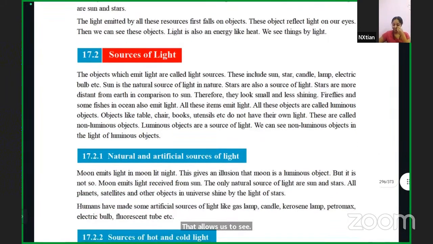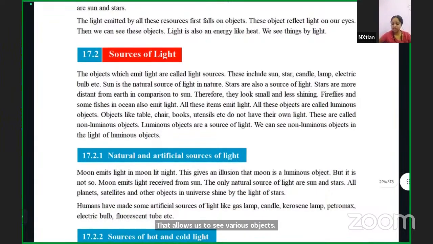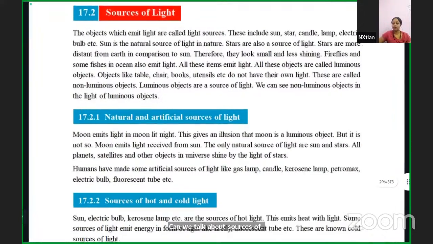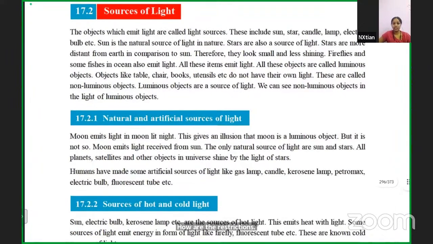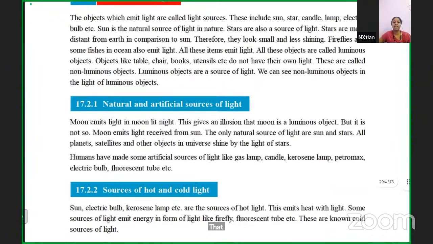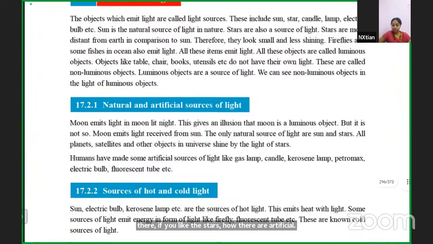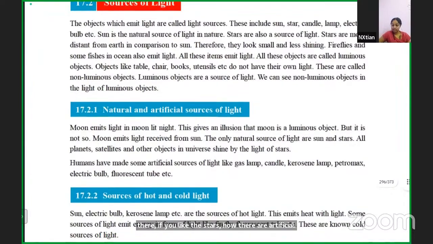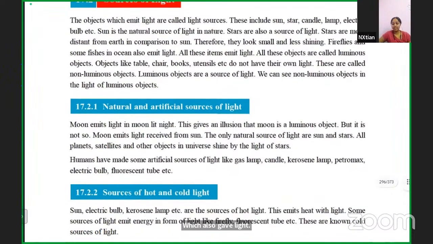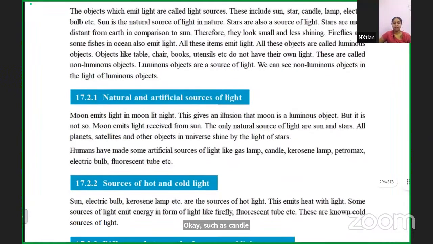When we talked about sources of light, there are some natural sources, like sun and the stars, and there are artificial sources which also give light, such as candle lamps and all, which are man-made.